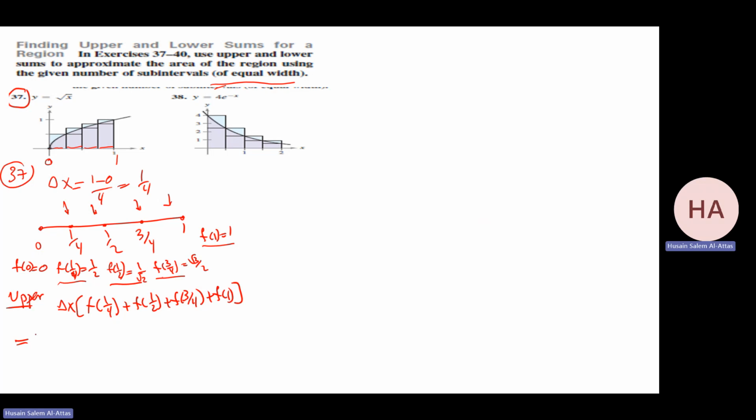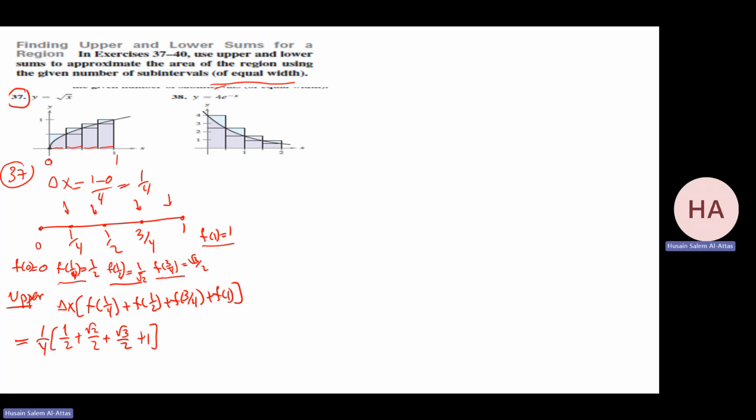That will give me 1 over 4 times half, plus 1 over square root of 2, plus square root 3 over 2, or to make it square root 2 over 2, square root 2 over 2, plus 1. I think I will leave it like this.